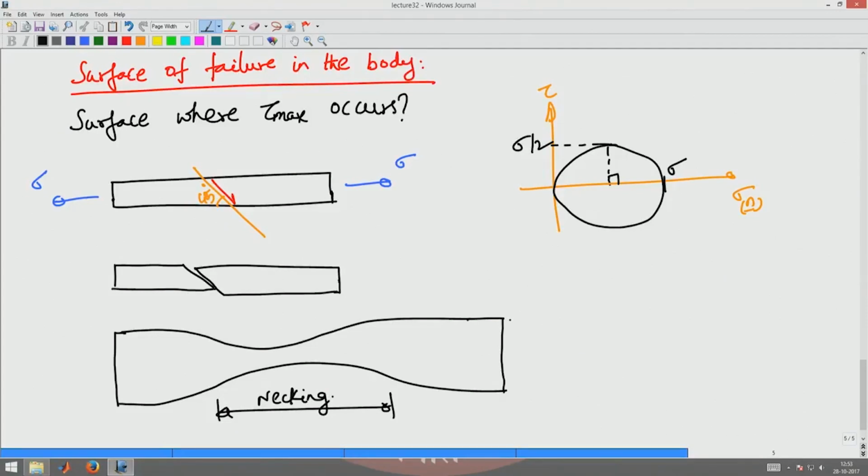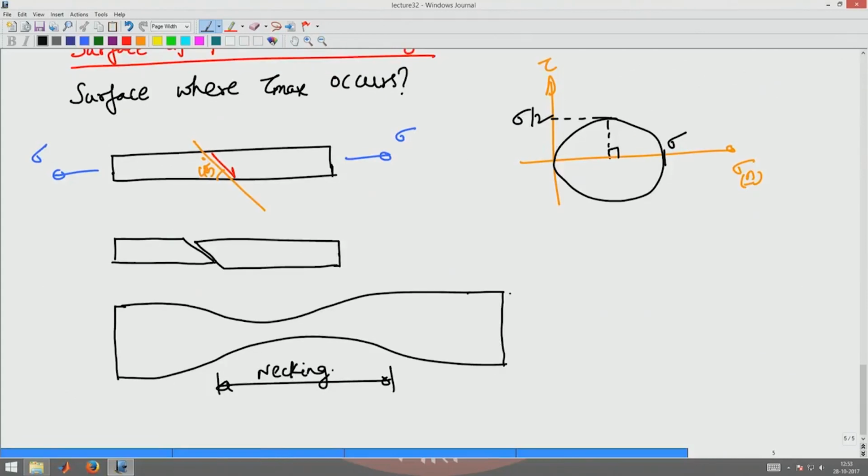Now, let us look at another case wherein I subject this bar to a torsional moment.